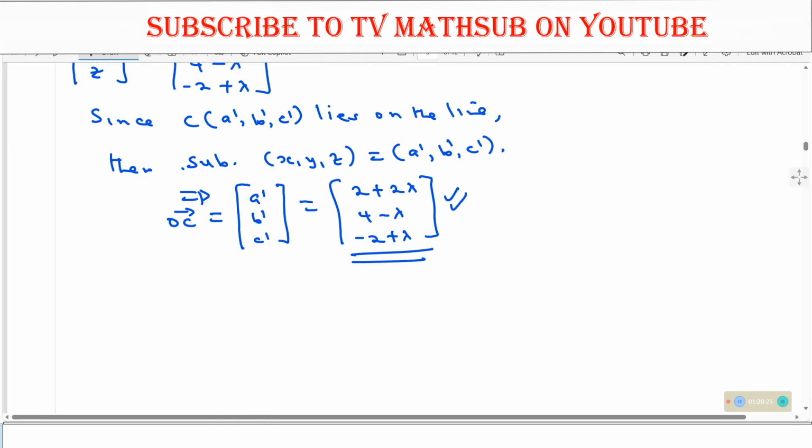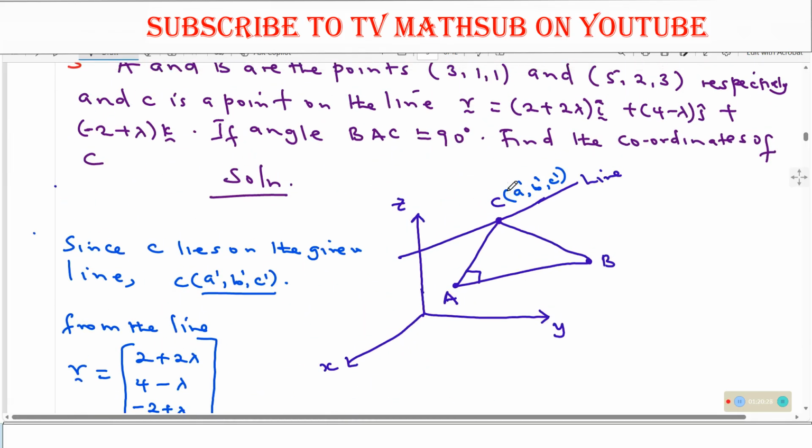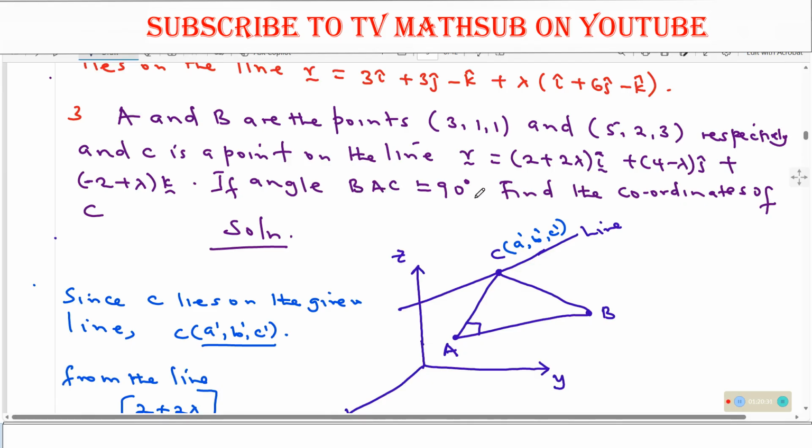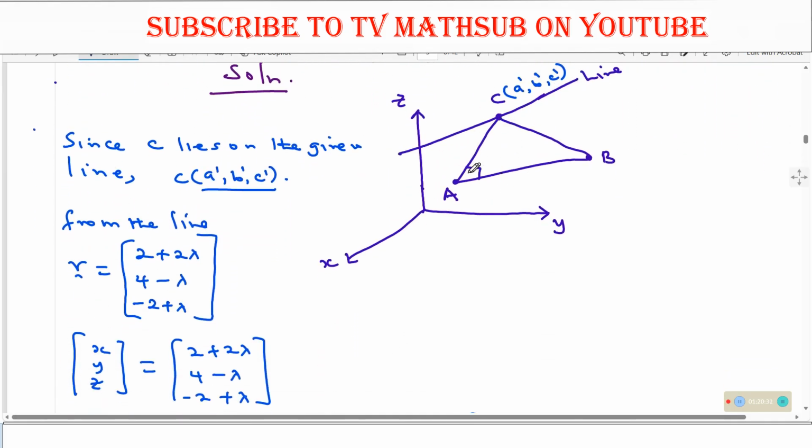Now, from this, what else are we given here? We are again told that the angle BAC is 90 degrees. If this angle is 90 degrees, what does it imply? From the vectors that we have studied, what do you say if this one is 90 degrees? What does that imply? The dot product is 0. Of which one?